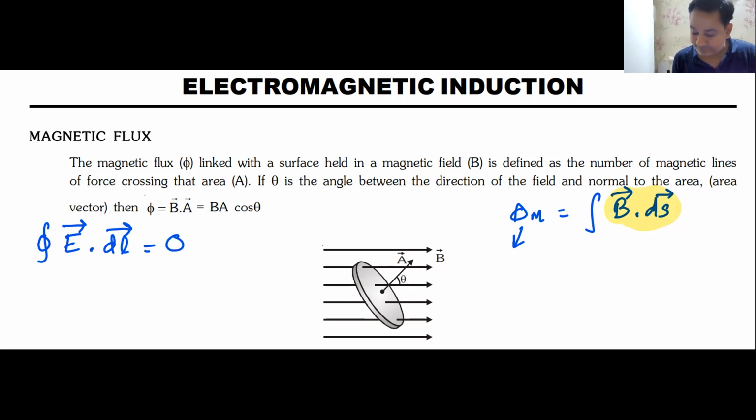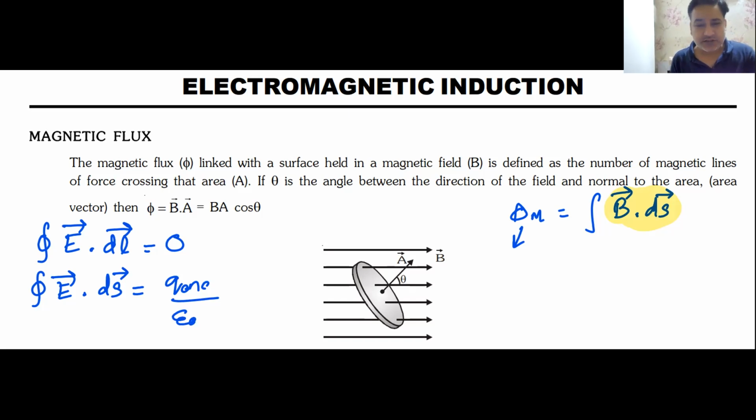Then we had the integral of E dot dS, which was your Gauss law, over a closed surface, and that was always equal to charge enclosed divided by epsilon naught. These are the two integrals for electric field.